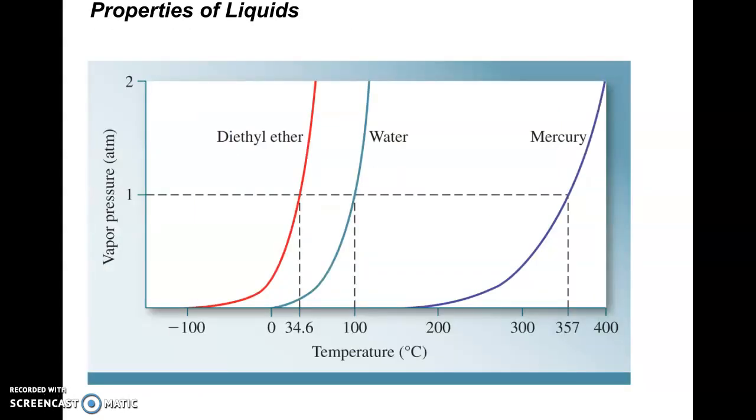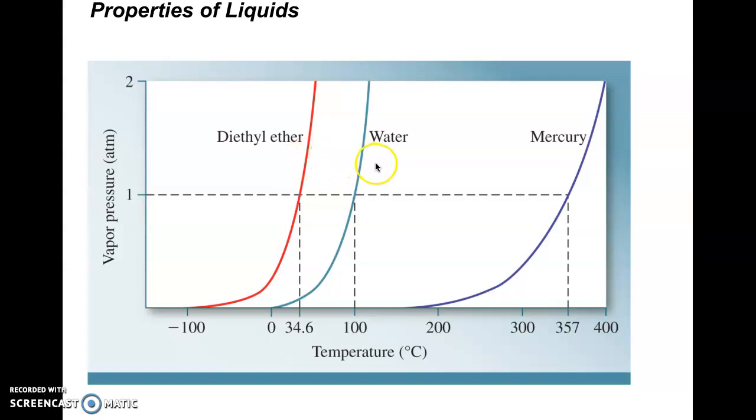All right, we're going to look at properties of various liquids. We know they have different intermolecular forces, and so we're looking at the behavior of the liquid in terms of vapor phase versus temperature. As the temperature goes up, you see the vapor phase goes up, but diethyl ether, which is very volatile, you can smell as soon as you open a can of it.